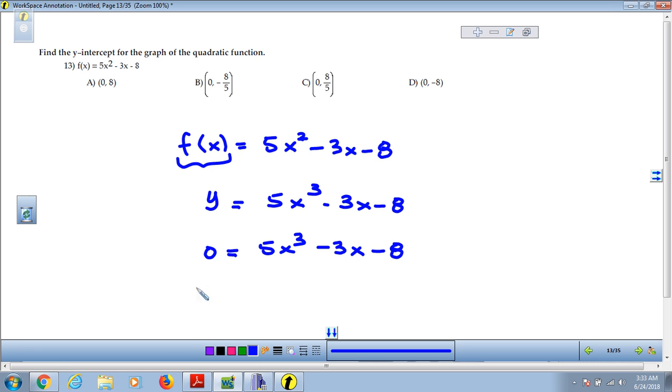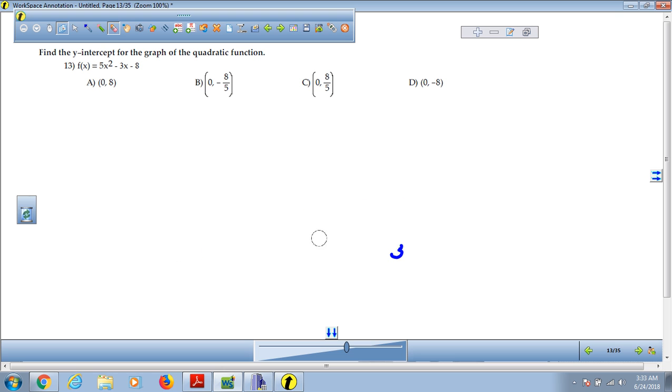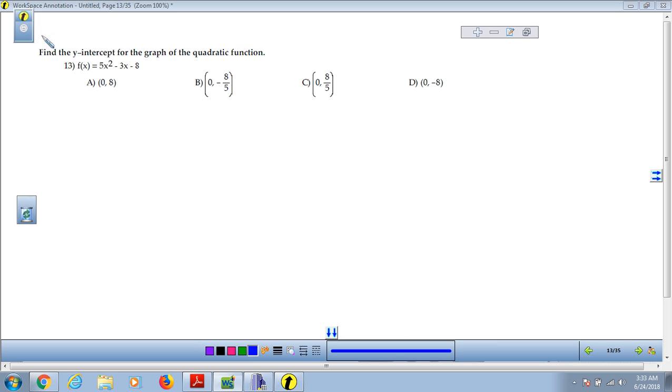Now, sorry, I'm doing as if I'm finding the x's again, the x-intercept. This is the y-intercept. So for the y-intercept, you put a 0 on the x's, right? And the result is going to be your y-intercept.